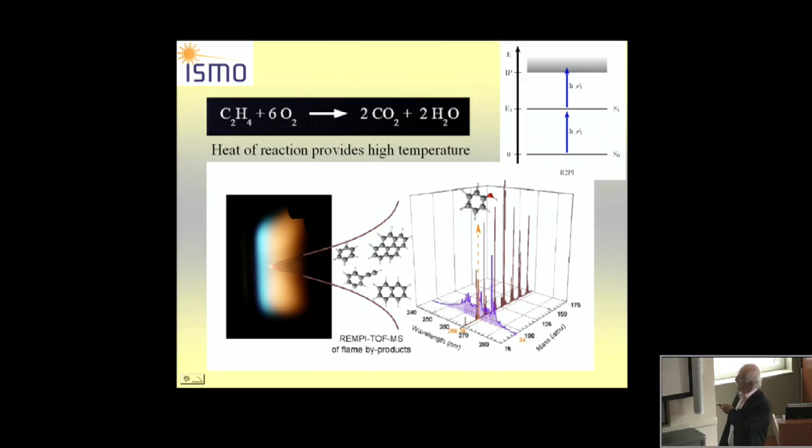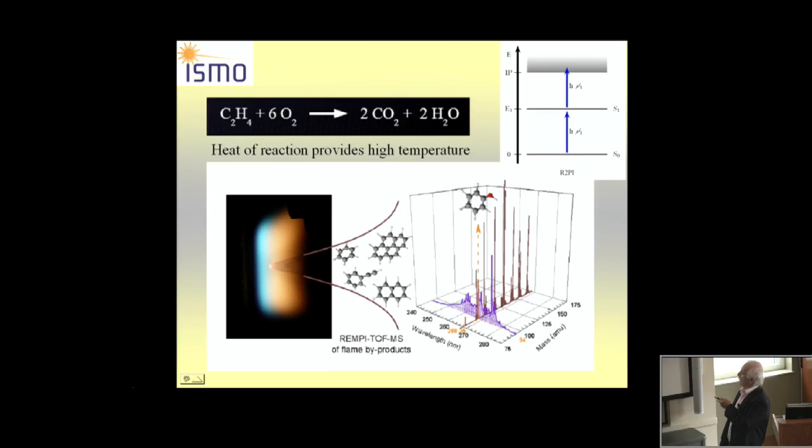It's a laminar flame, which means that you go from the burner itself outwards. You can probe at different distances, according to where you are in the flame.